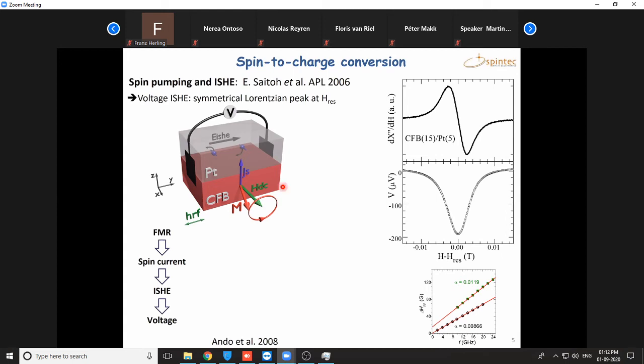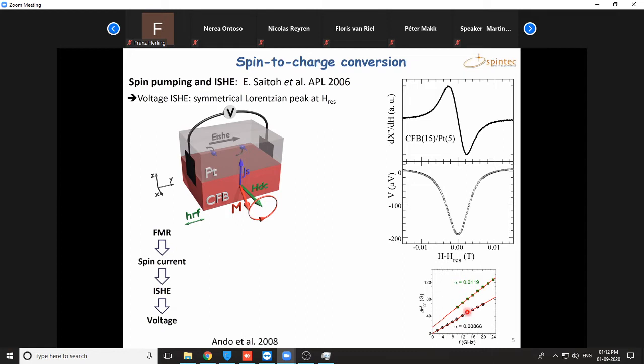To quantify this injected spin current, we need to study the extra relaxation that is due to the presence of the strong spin-orbit coupling. This is done by doing broadband FMR. We vary the frequency and study the increase of the line width of the resonance spectra.